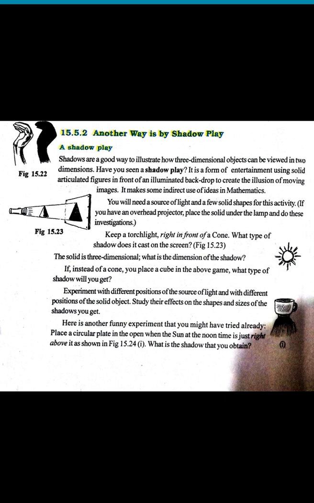But an isometric sketch, the measurements are kept proportional. So, it can be drawn on an isometric dot paper. And visualizing solid shapes is a very useful skill. And different sections of a solid can be viewed in many ways.